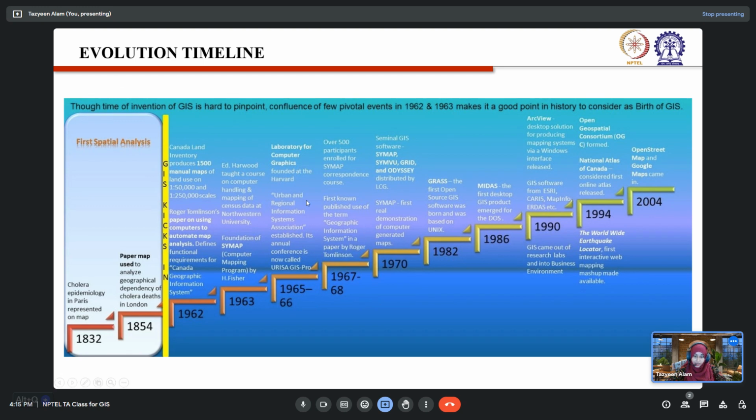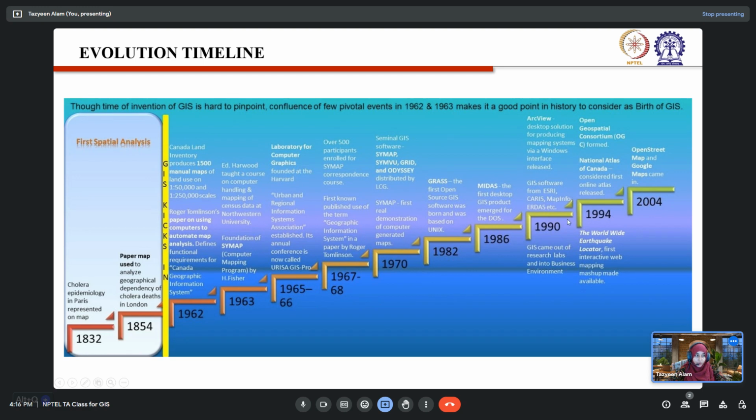Then it moved further to the first real demonstration of computer-generated maps. So from 1970, we actually started using computer-generated maps. We introduced open source GIS software based on Unix. Then we went to DOS. Then by 1990, we had other desktop solutions like RQ.